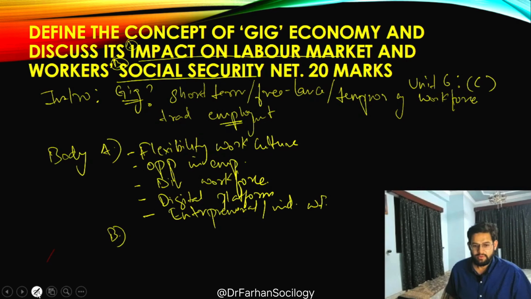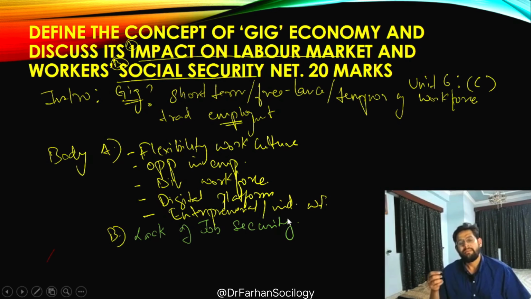If you look at what impact is being created on social security, the biggest problem that we are having is a lack of job security. It means in the previous workforce, people tended to have pensions, maternity benefits, provident funds, health insurance, educational coverage.